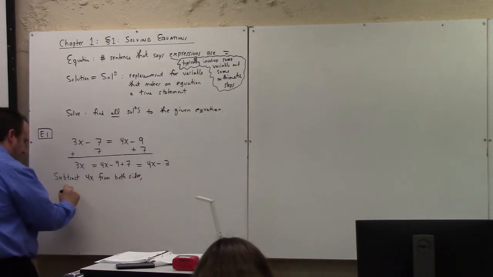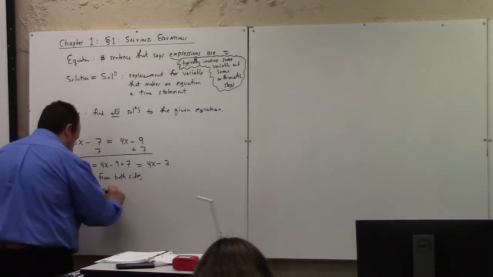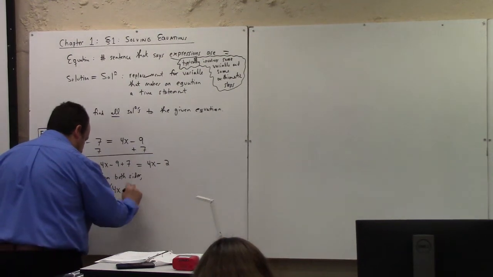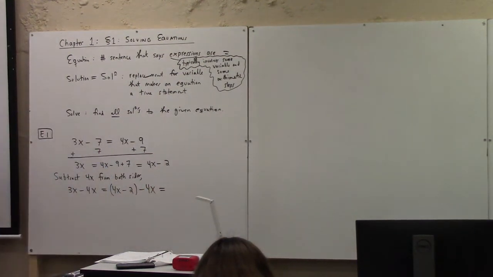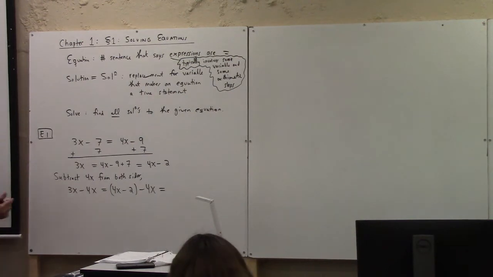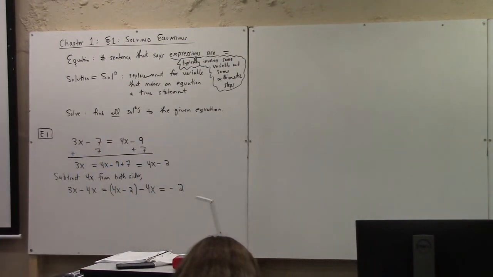So we have 3x minus 4x equals 4x minus 2, in parentheses, minus 4x, right? That's why we subtracted 4x, because 4x minus 4x is what? It's 0, right? So we're just left with minus 2 on the right-hand side.